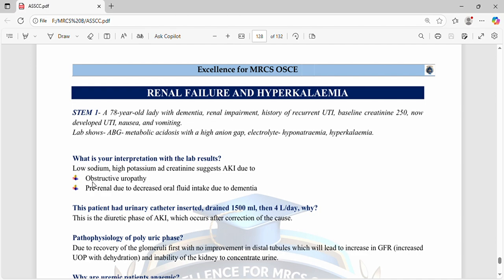So this may be due to obstructive uropathy and prerenal causes due to decreased oral fluid intake due to dementia. So this can be the cause of AKI, and she also has a previous history of renal impairment, so there can be acute on chronic kidney injury.